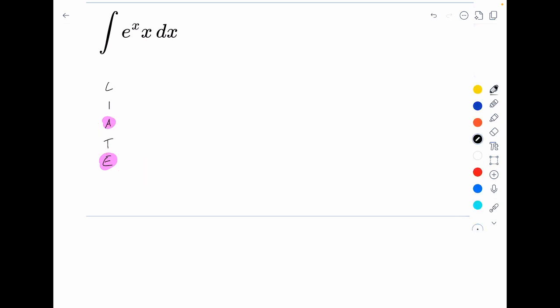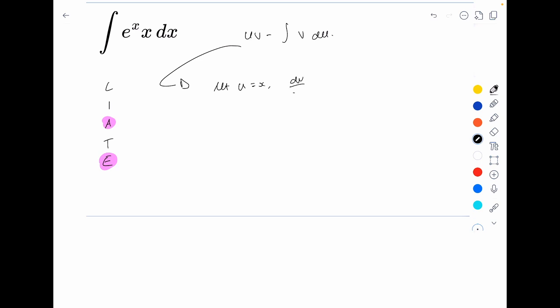So what do we say? Well, remember the integral, we're going to say uv minus v du, right? Therefore, what's u? Well, we're going to make u equal to x.